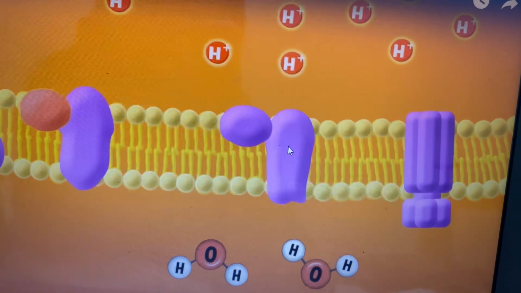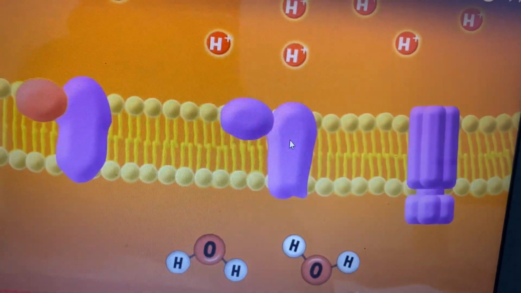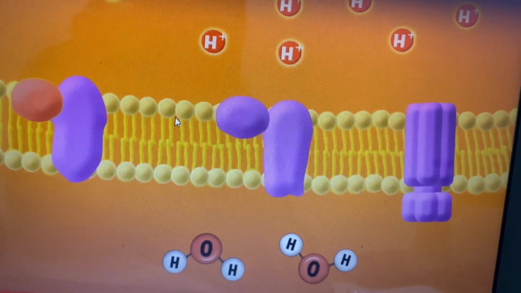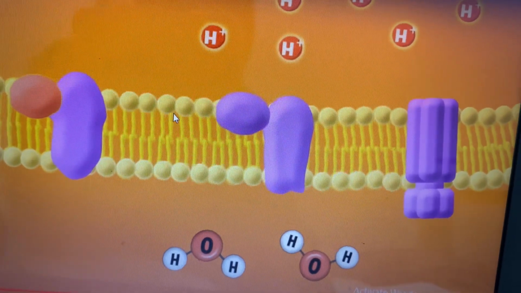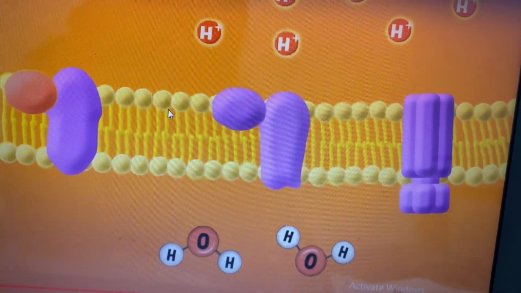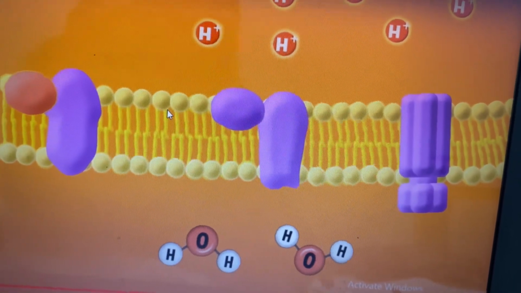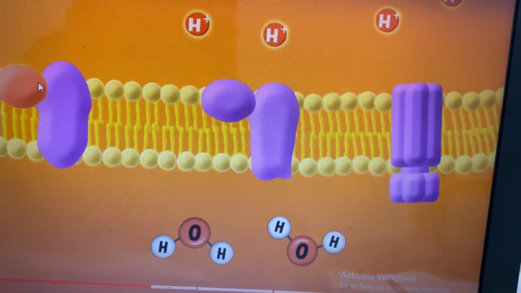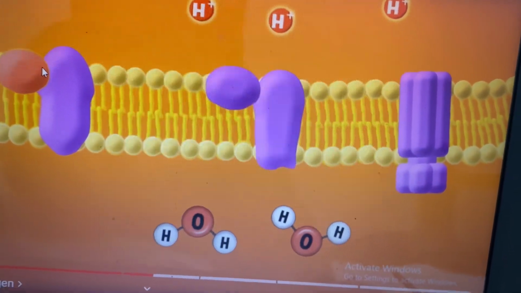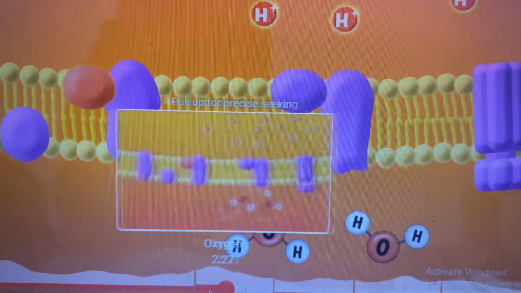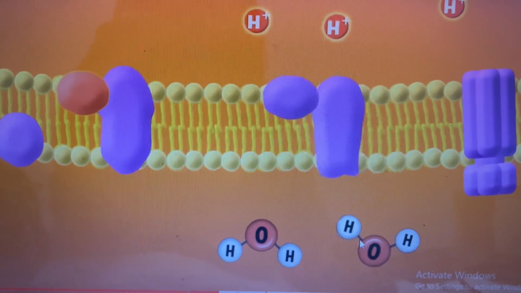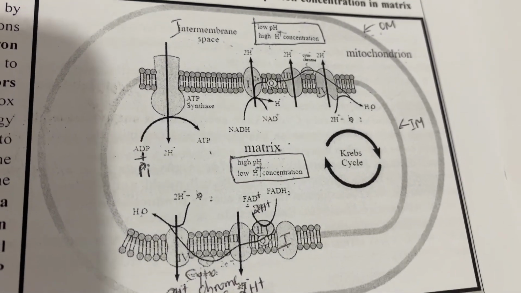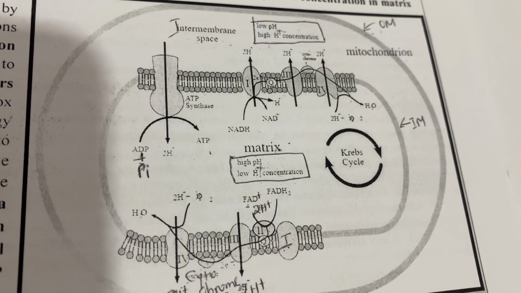It acts as the final electron acceptor and ensures that our electron transport system functions efficiently, and when it does, we can generate a lot of ATP to sustain our cellular activities, right? This particular process is known as terminal oxidation. And this is how the electron transport system operates.